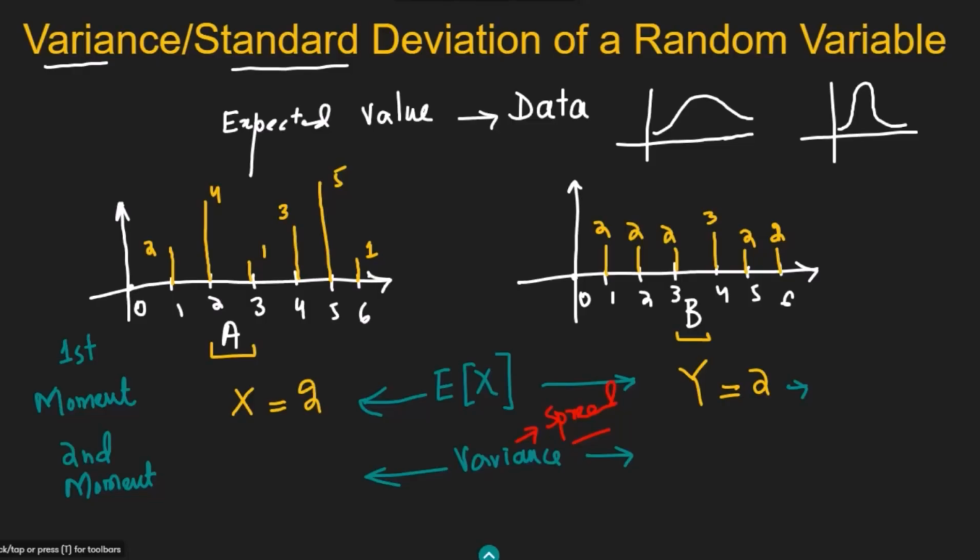Which one is better, if the average values of both of them, let me call them mu1 and mu2, are equal? Clearly this one is better. Why? Because the spread is lower and this distribution shows me the data is more consistent as compared to this one. So this one is better.